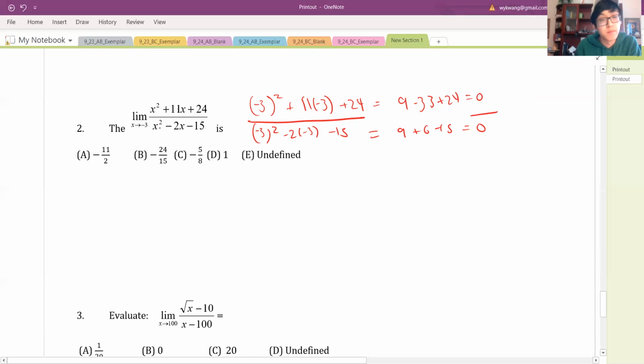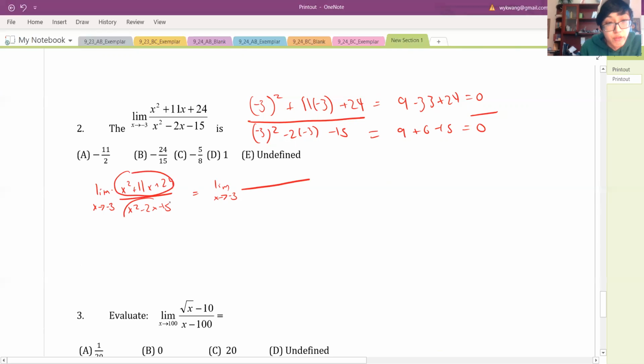So L'Hopital's rule means I just take derivatives. I'm going to make this very explicit. The limit as x approaches -3 of, I'm rewriting the problem, x squared plus 11x plus 24 over x squared minus 2x minus 15 is equal to the limit as x approaches -3 of the derivative of the top part over the derivative of the bottom part.